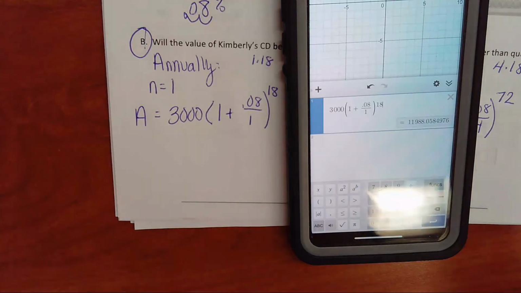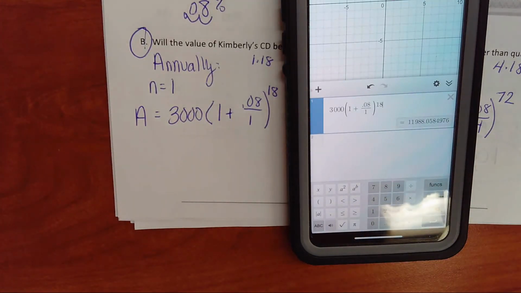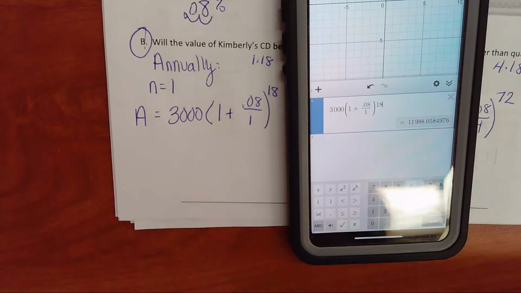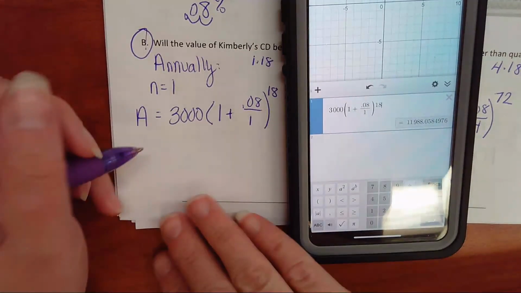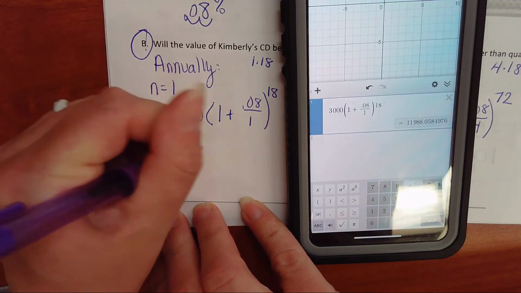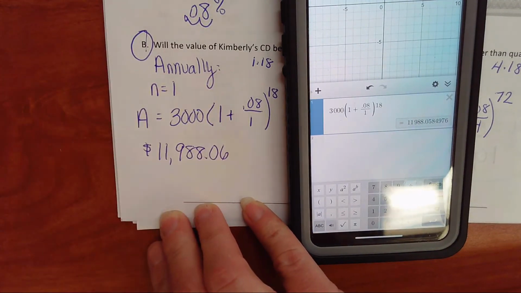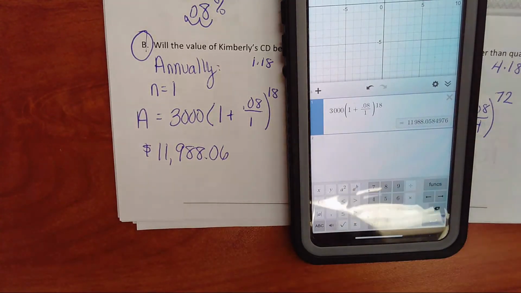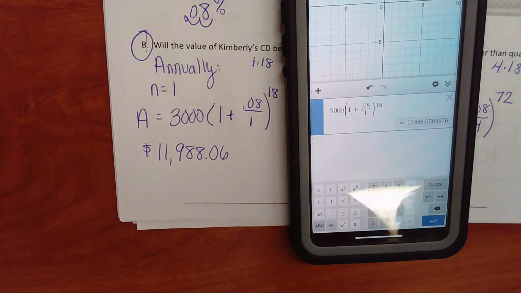See how it's kind of nice? It sets up really nicely in your calculator. So if it's compounded annually, after 18 years, Kimberly will have $11,988.06 in her account. So that's it if she's earning 8% compounded annually.